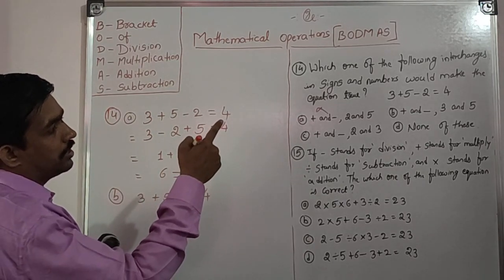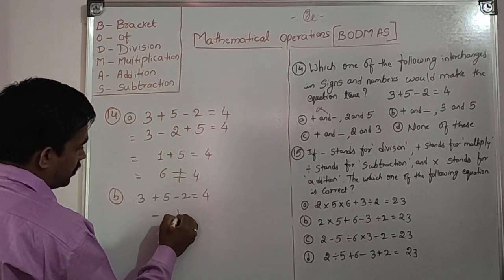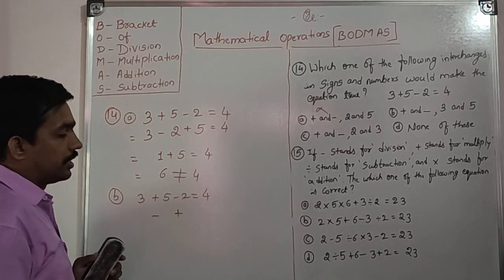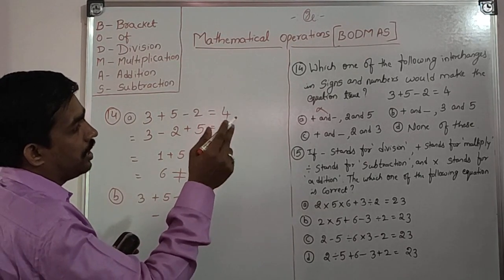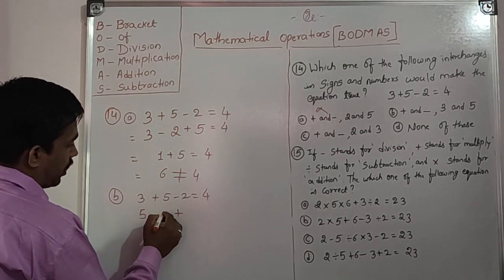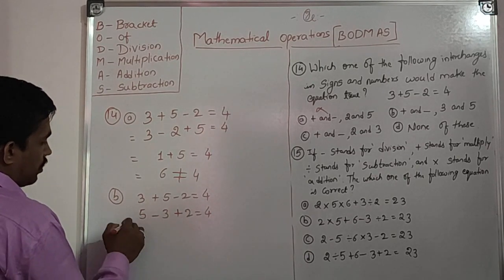And then we have to change plus 2 minus, minus 2 plus. Instead of plus we have to write minus. Instead of minus we have to write plus. And then 3 and 5. So in place of 3 we have to write 5. In place of 5 we have to write 3. 2 as it is equal to 4.